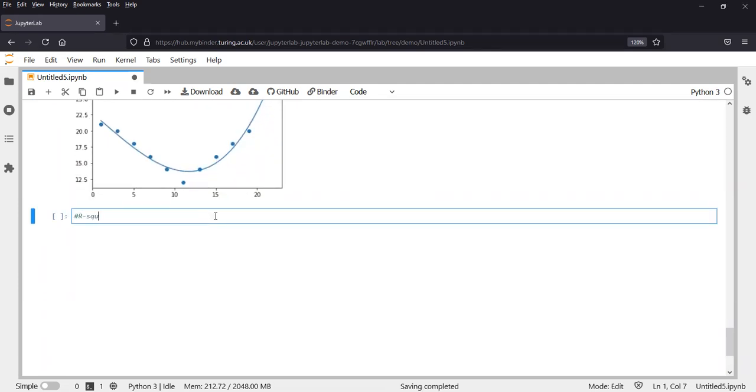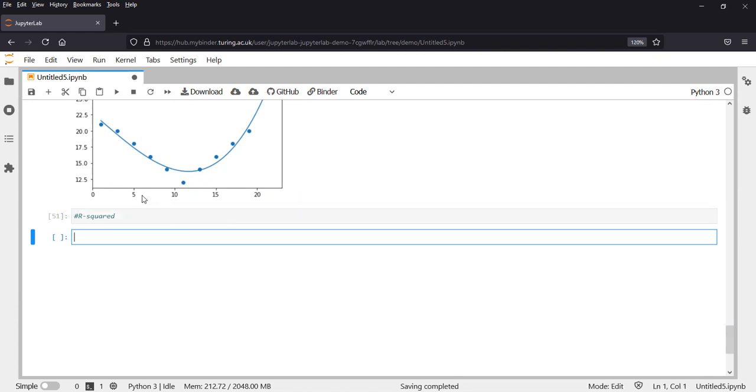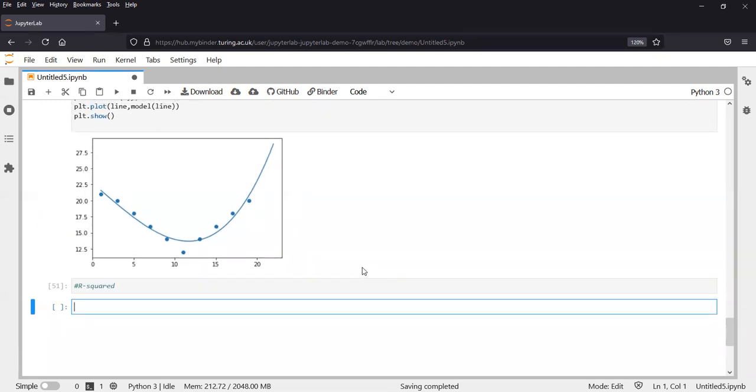So okay, the next one, R squared. R squared is really useful because we can measure the relationship between the x values and the y values. If there's no relationship between x and y, it means that we can't use polynomial regression to predict anything.